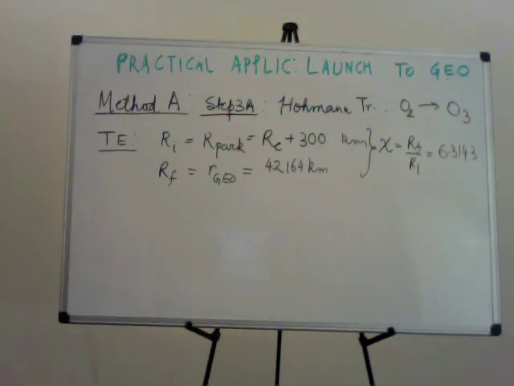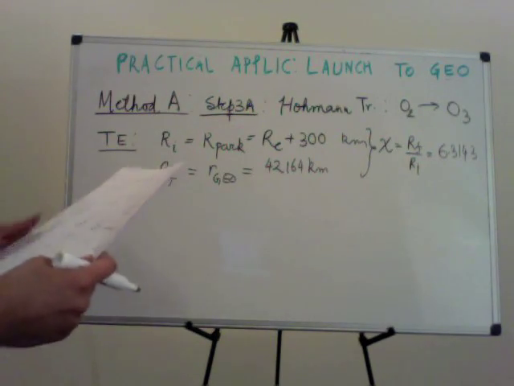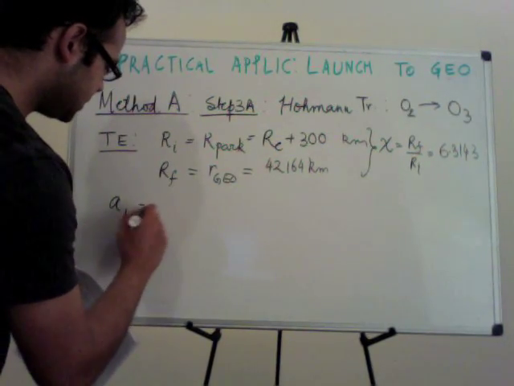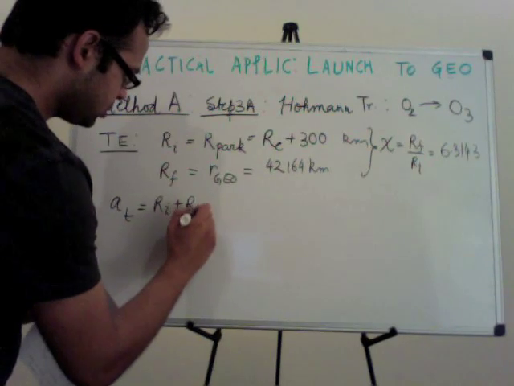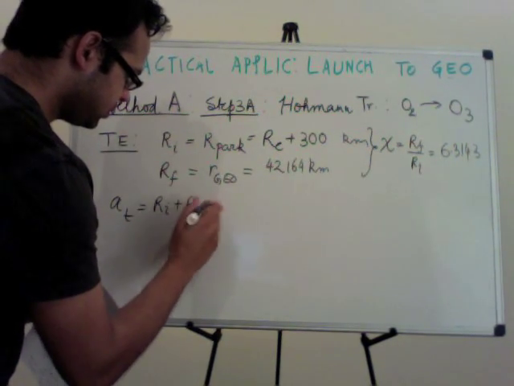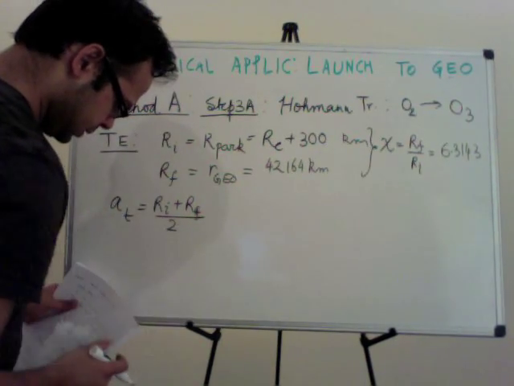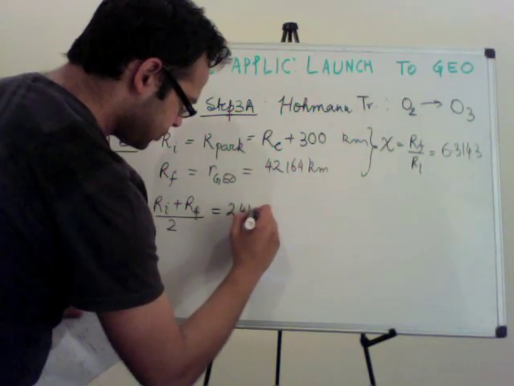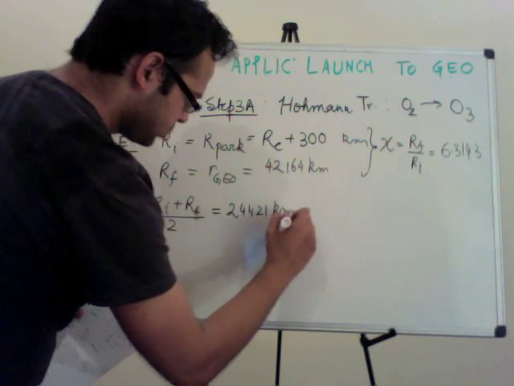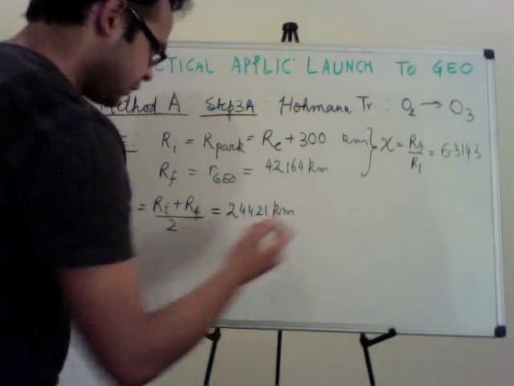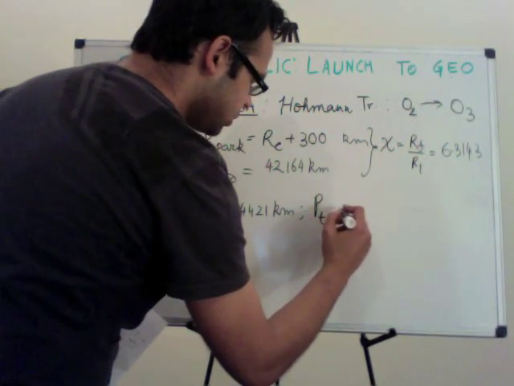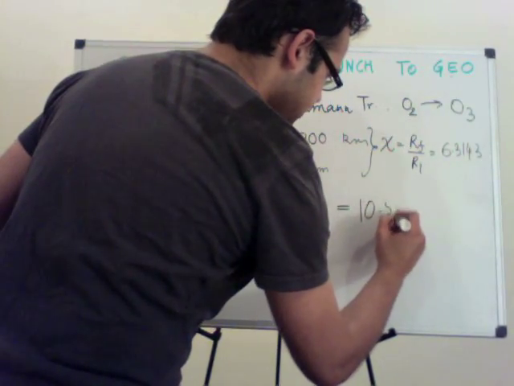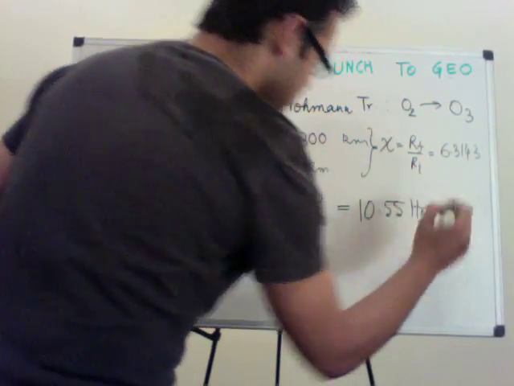Okay, 6.3 times is the expansion that is needed. And therefore our transfer ellipse semi-major axis, the mean of the initial and final radii, turns out to be 24,400 kilometers. And therefore the period from Kepler's third law is equal to 10.55 hours.